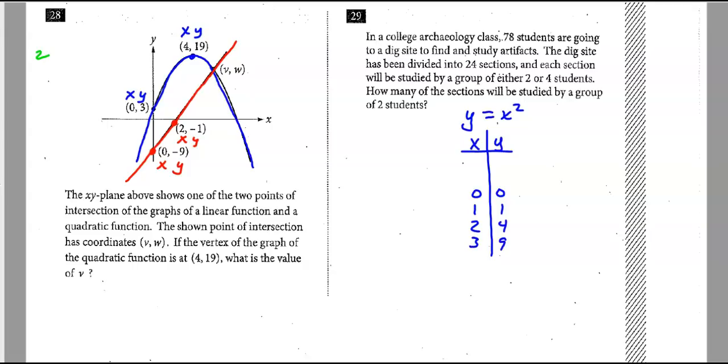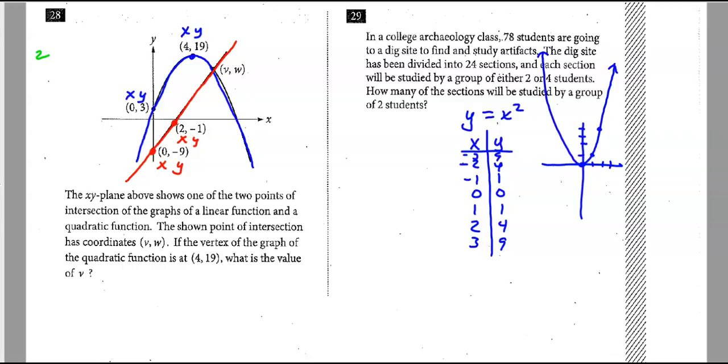So on a graph, you start at (0, 0), and you go over 1, up 1, over 2, up 4, over 3, up 9, and it just keeps getting bigger and bigger. And when you go negative, it reflects, and it's the exact same scenario on the left-hand side.